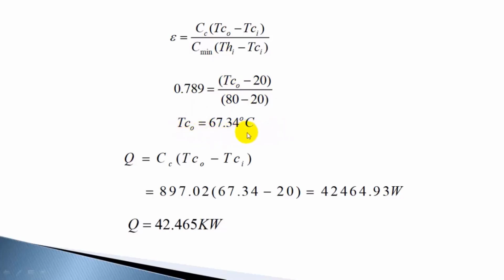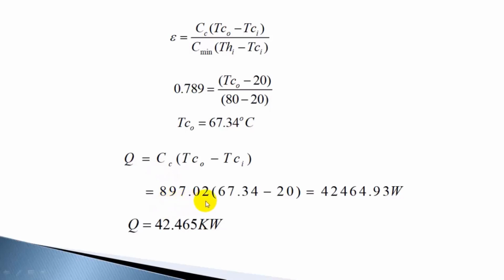Once you know the outlet temperature of the cold fluid, you can find the heat transfer using the equation Q is equal to Cc into Tco minus Tci. This will give the heat gained by the cold fluid. Tco is the outlet temperature, which we have calculated just now, minus the inlet temperature of the cold fluid, into Cc, the heat capacity of the cold fluid. In this case, it is C minimum.